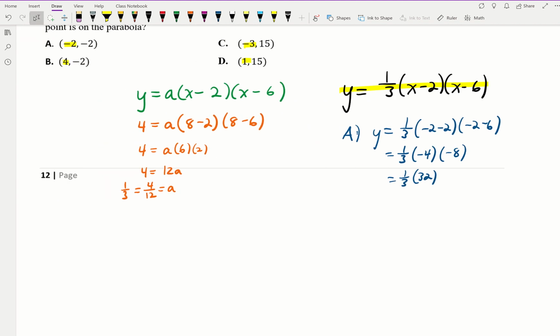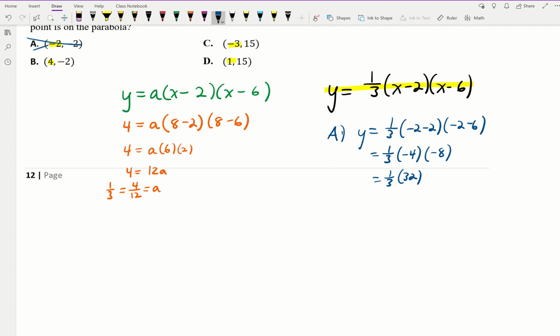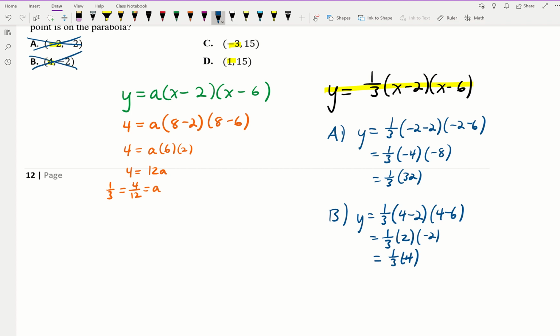Well, 1/3 of 32 is not -2. It's not a. Okay. B, y equals 1/3. This time we're going to plug in 4. So 4 minus 2, 4 minus 6. This is 2 times -2. Well, 1/3 of -4 is not -2. So that's out.